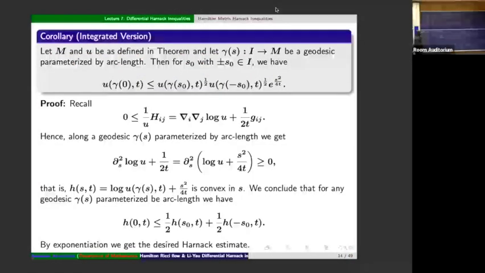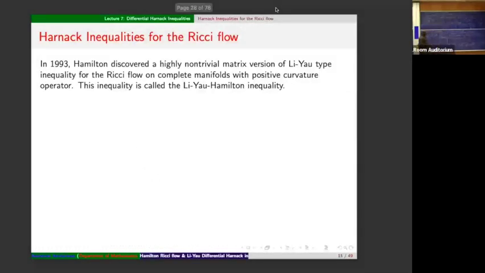Okay, good. So we want to move on and discuss the Harnack inequality for Ricci flow. The one we gave for two-dimensional flow is just an example, but for higher dimensions it is a bit tricky. It cannot work the way I showed for two dimensions, where we just say we have a semi-linear equation.